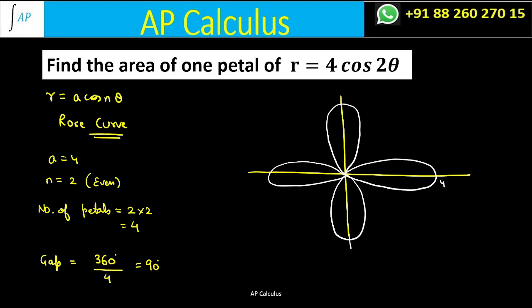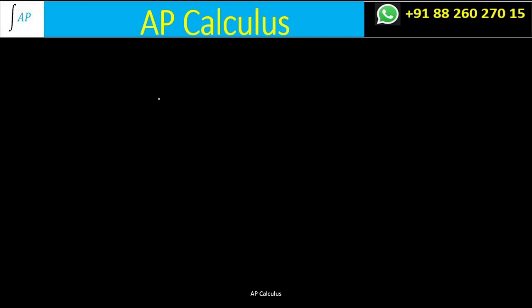Now it is saying find the area of one petal, only one petal. For that one petal, we have to find the radial lines, from which angle to which angle. For the radial lines, we put r equal to 0. So 4 cosine of 2 theta equals 0, so cosine of 2 theta equals 0. Now we have to see at which angles cosine is 0.